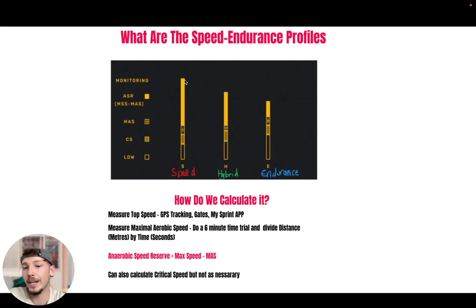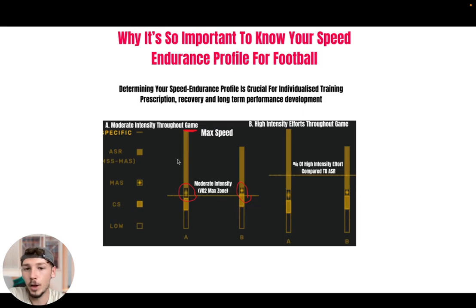This is where we're going to be operating throughout the match with all our really high intensity efforts. And the internal and external load performing these activities is going to be really high, but our physiological response to this type of training is going to differ depending on the profile we are. So, for example, athlete A over here has a really high max speed, but a low maximal aerobic speed.